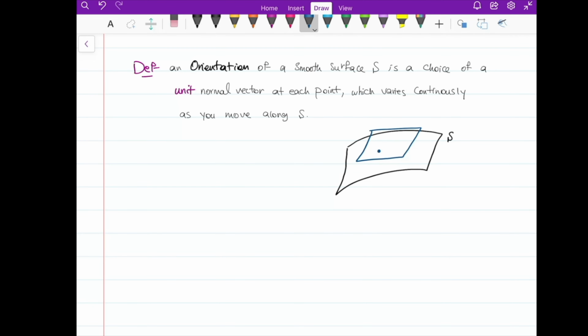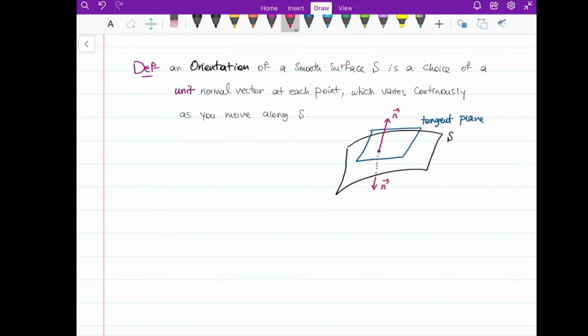For example, this is our tangent plane at this point. Then we have two choices. We can have the normal vector in this direction, or we can have the normal vector in this direction.